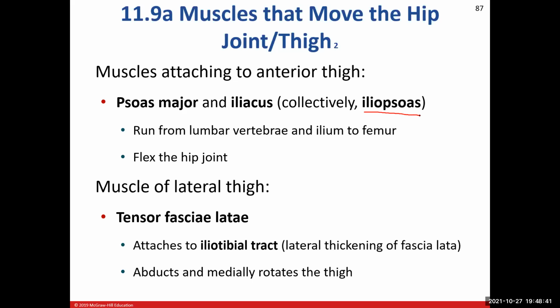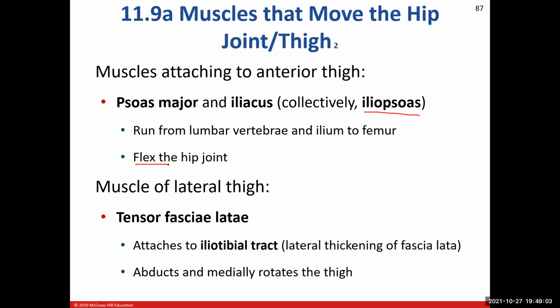But once it runs underneath the inguinal ligament, it becomes the iliopsoas, and it attaches onto the lesser trochanter of your femur. It is the most powerful hip flexor. So you're bringing your knee up to your chest. This one does quite a bit.